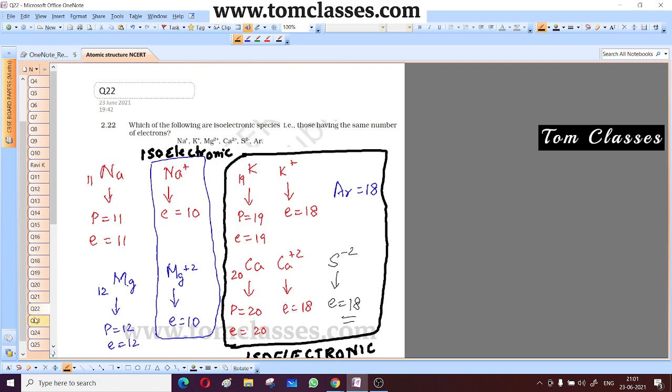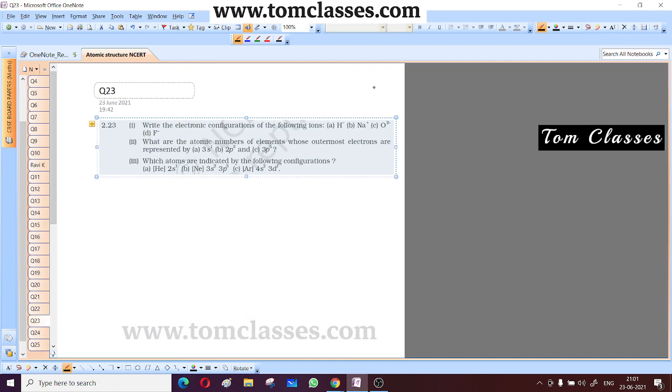Okay, so now let's look at the next one, which is the 23rd. What is there? Write the electronic configuration of the following ions. H minus. H minus means it will have 2 electrons.